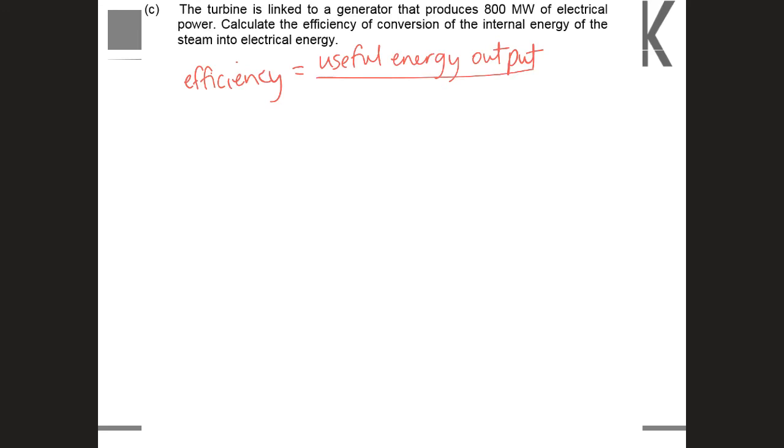over our total energy. And this is often written as input, but it doesn't really matter if you write it as input or output because energy can't be destroyed, only converted from one to the other. So we could talk about efficiency in terms of energy, but we could also talk about efficiency in terms of power.